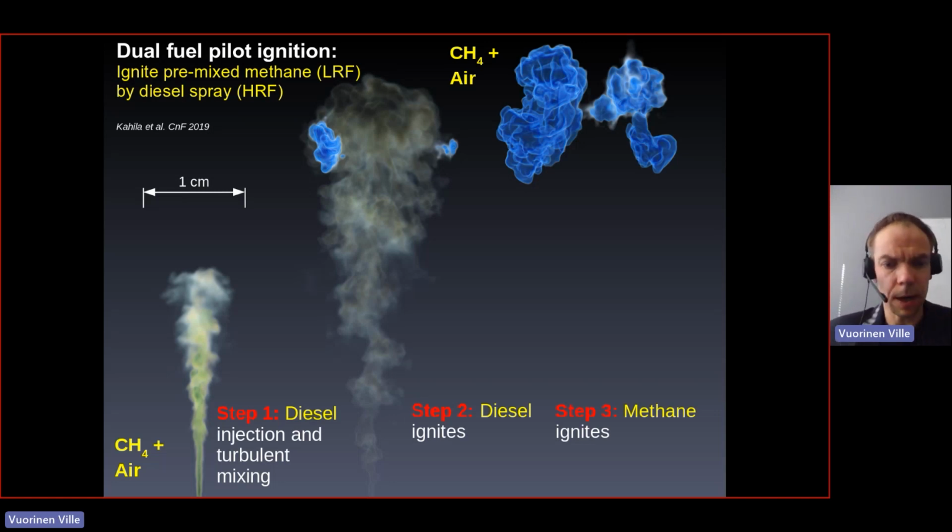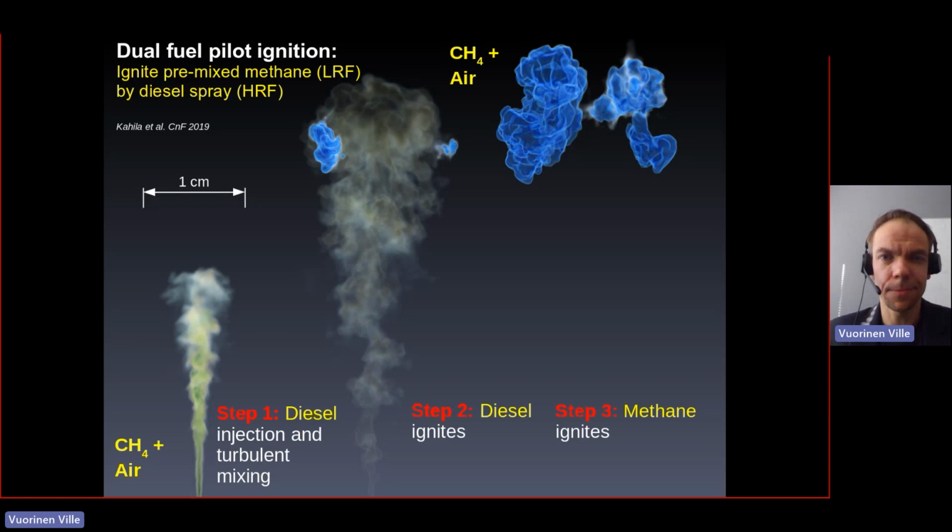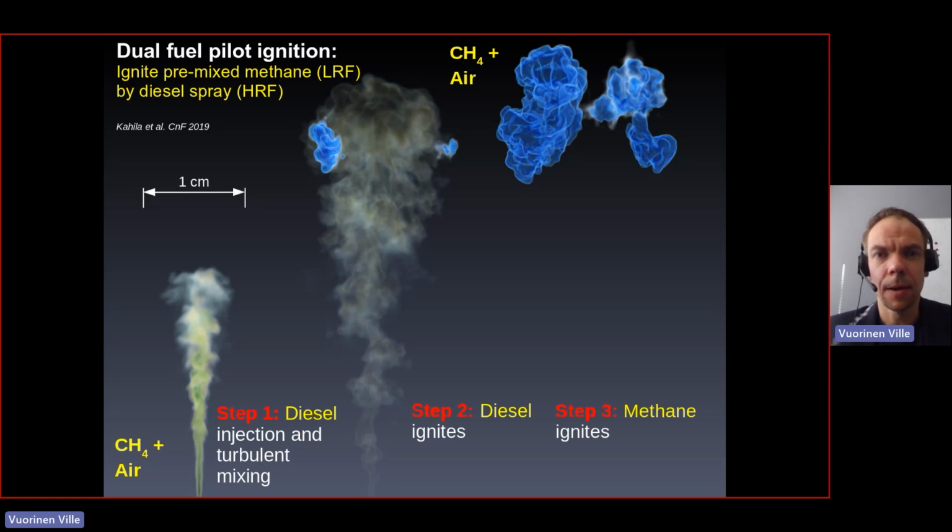In step 1, you inject the diesel, you have turbulent mixing, and the droplets vaporize, and eventually the chemical reactions start. In step 2, the diesel ignites. You have these small ignition kernels, typically in the tip of the spray, because that fuel has had the most time to chemically evolve.